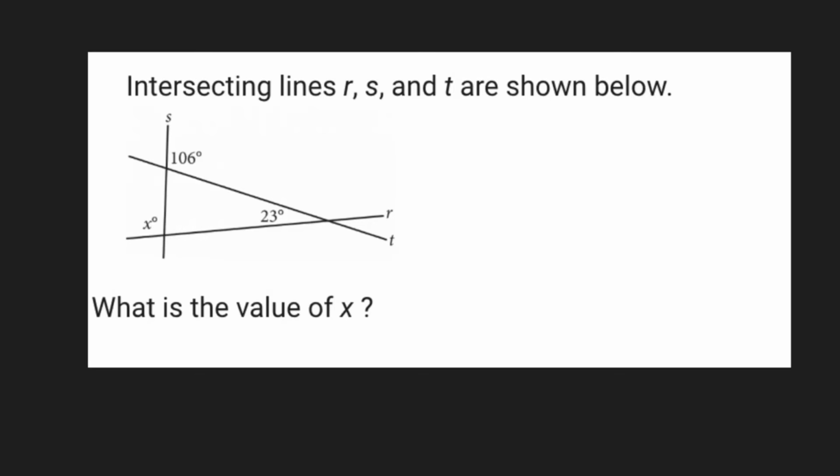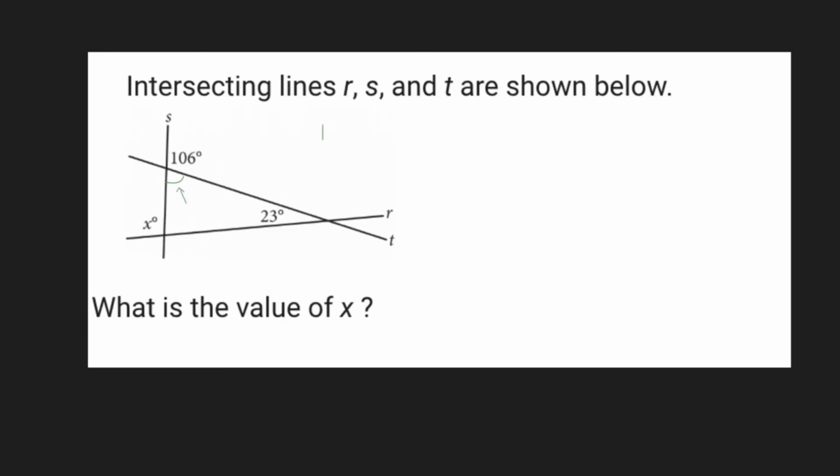Intersecting lines R, S, and T are shown below. What is the value of x? Well, they give us two angle measures, right? We have this 106 degrees out here and 23 degrees out here. So the first thing you want to take note of is supplementary angles, right? So because this 106 degree angle is on this line S, this missing angle here is going to mean that 180 degrees minus 106 degrees is going to be equal to this missing angle.